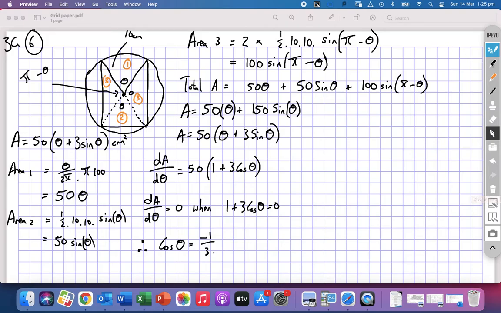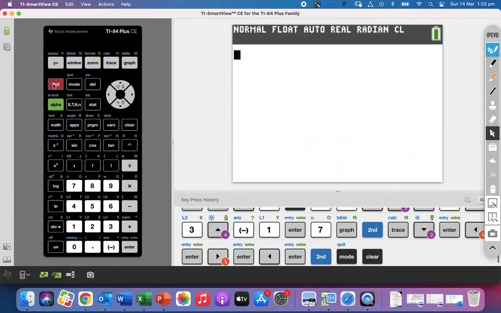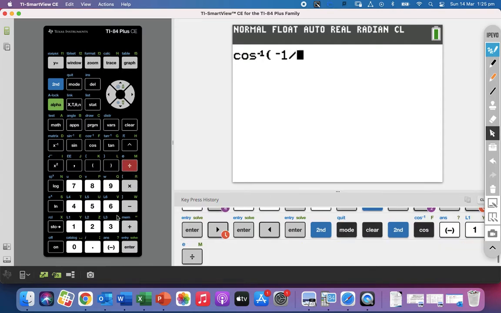Actually, one more little line of working. Theta equals arc cos, right? This is what I'm actually going to the calculator with. And I should write this underneath, but I've run out of room. Calculator: arc cos minus 1/3.